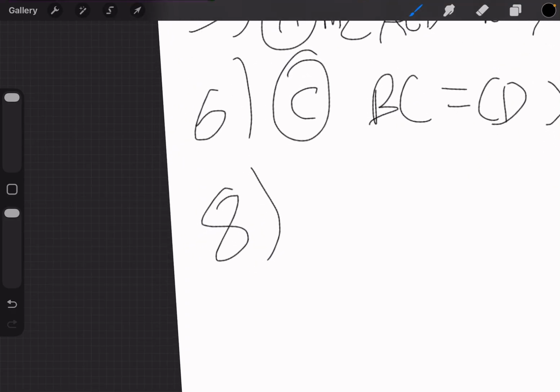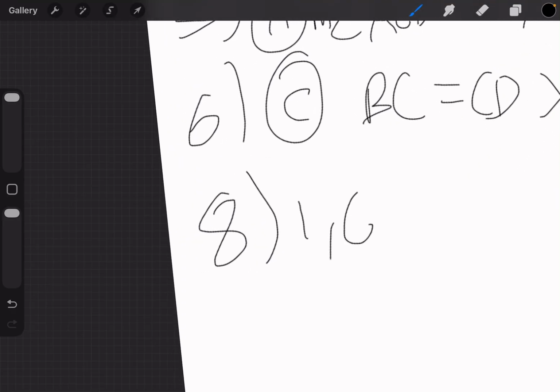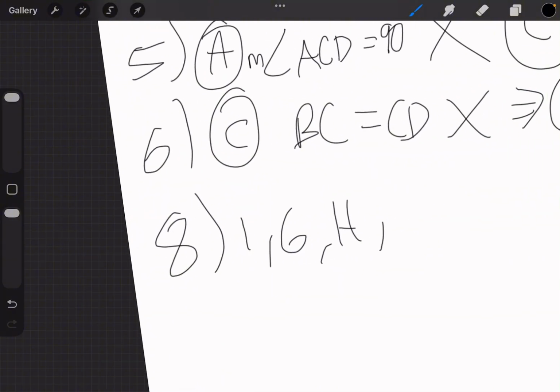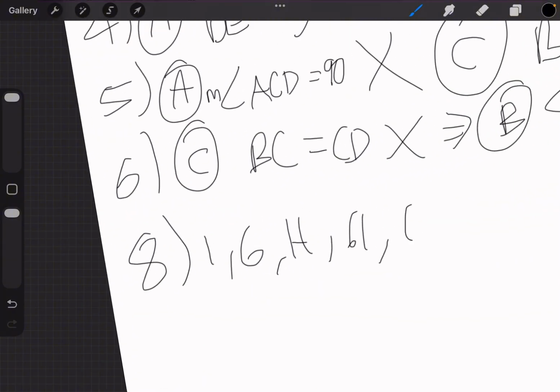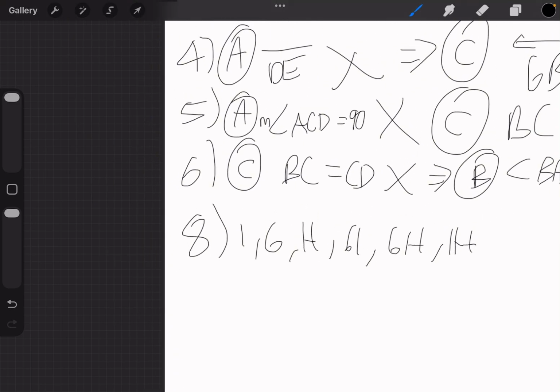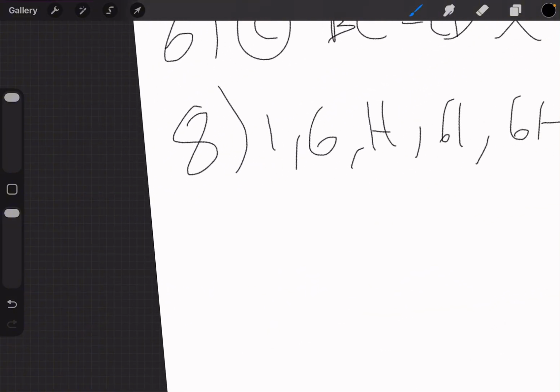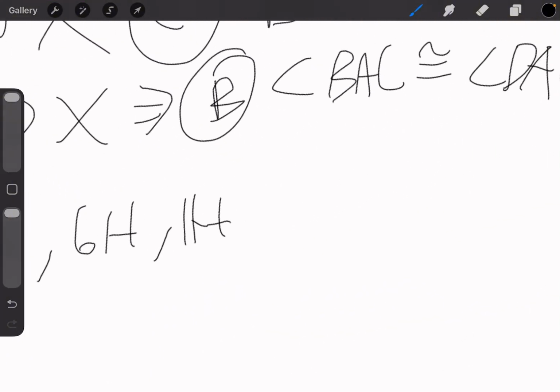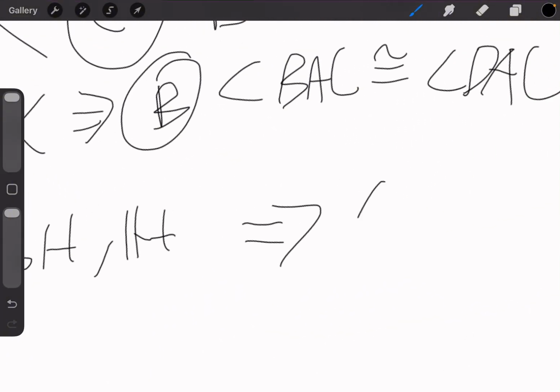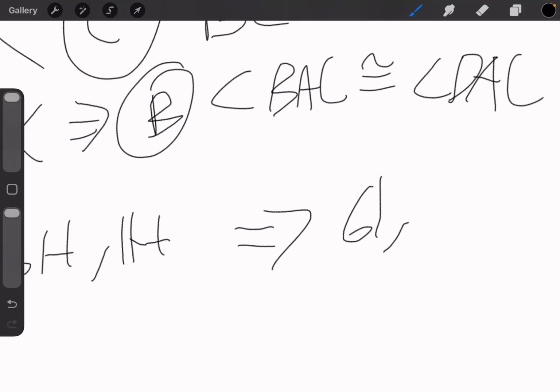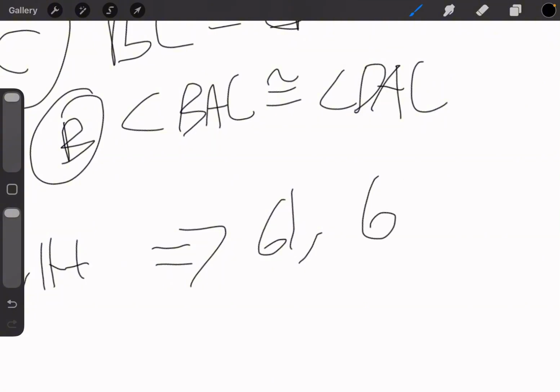For this I did I, G, H, and I was totally wrong, and the real answer is GI being the smallest, and then GH, and then HI.